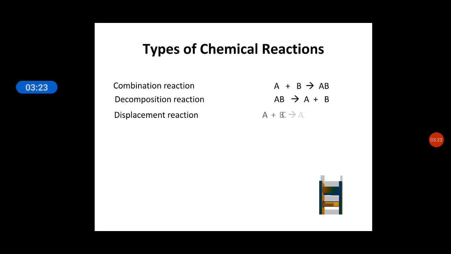Here A plus BC gives rise to AC plus B, where C is combined with A. Next, the double displacement reaction: AB plus CD gives rise to AD plus CB. Here displacement takes place at two places.